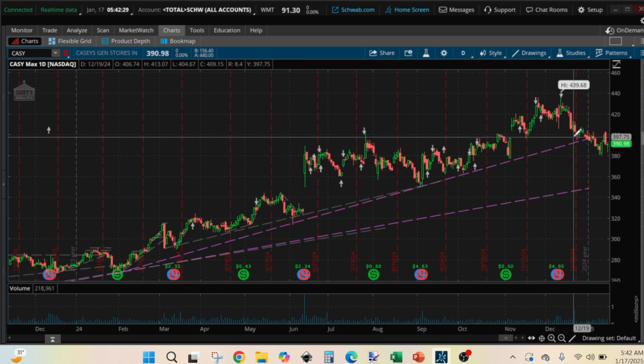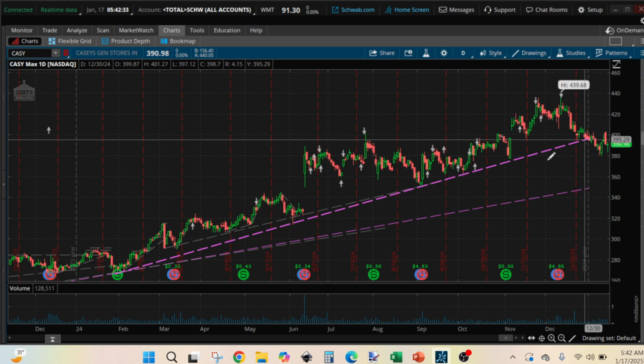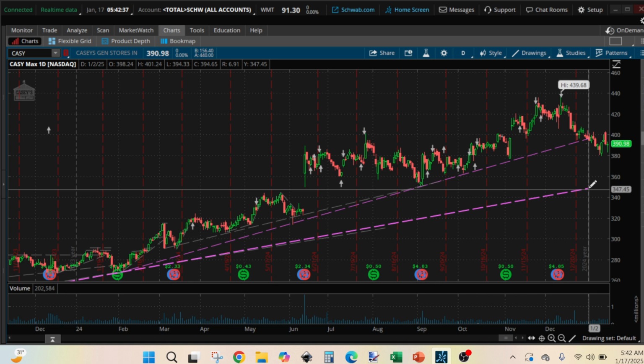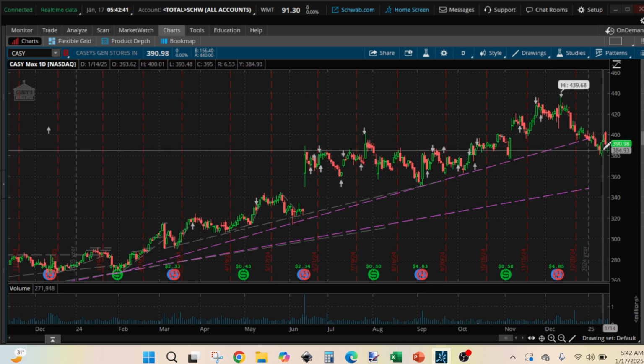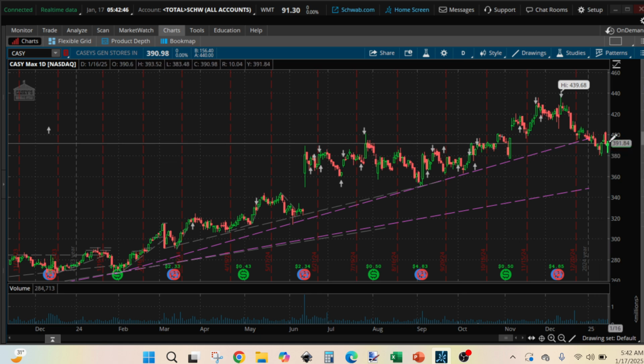So KC, we like to buy at this line, and right now it is below it, and we don't know if it's going to go lower again or not, but this low is higher than this one, so we'll keep observing it.